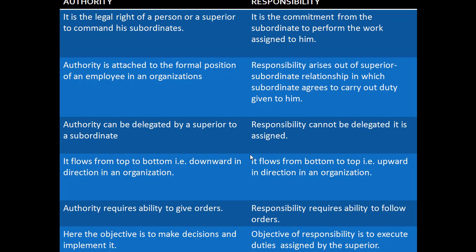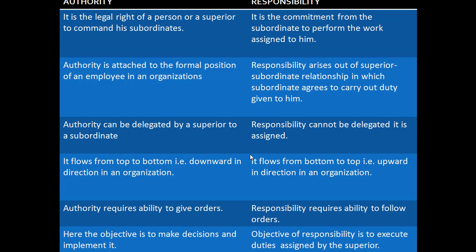Then authority is attached to the formal position of an employee in the organization, right? This we discussed now, that authority is always attached to the formal position, meaning the rank or the position of an individual in the organizational hierarchy, right? And responsibility arises out of the superior-subordinate relationship in which the subordinate agrees to carry out the duty given to him.